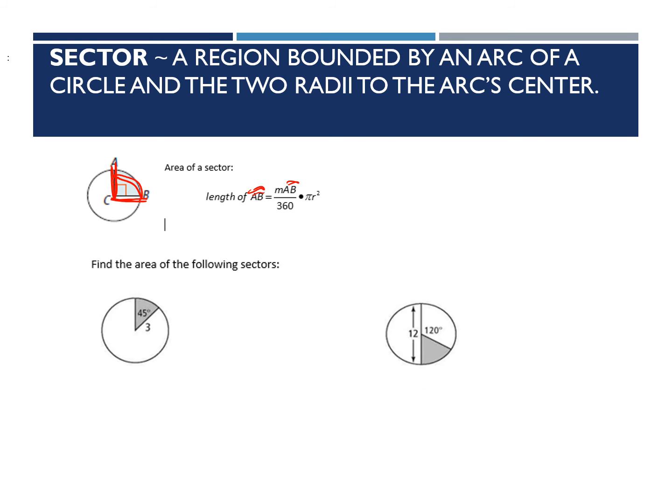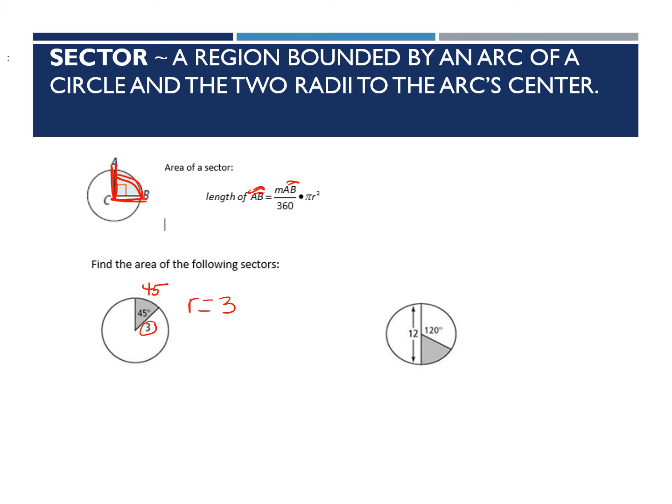Okay, so let's find the area of the following sectors. We know that the central angle here is 45. That means the arc is 45. And then we know that the length is 3 of the radius, so the radius is 3.